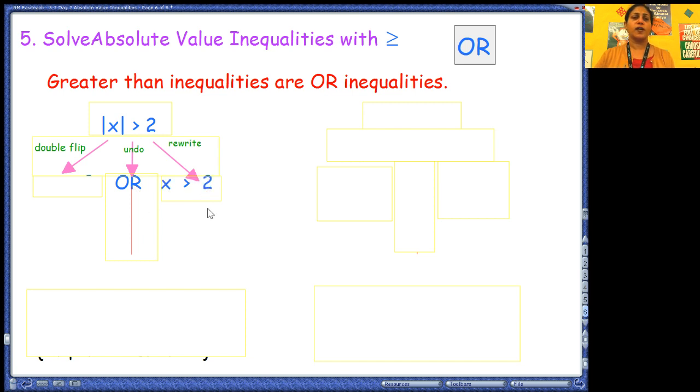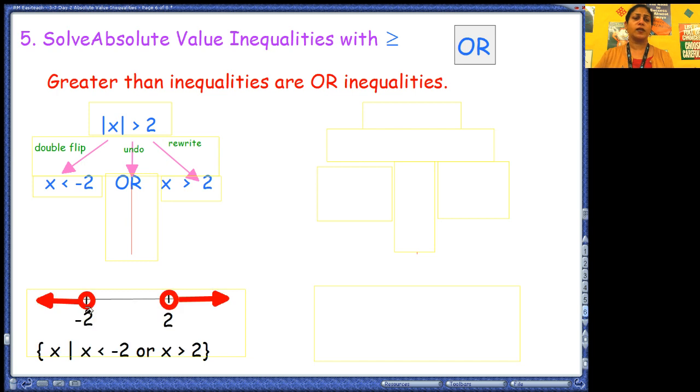We're going to rewrite on the right side. On the left side, we're going to double flip. You're going to flip the sign of the inequality as well as the sign of the number. And so this tells us that x is going to be less than -2 or more than +2, and that is your graph and the matching solution set.